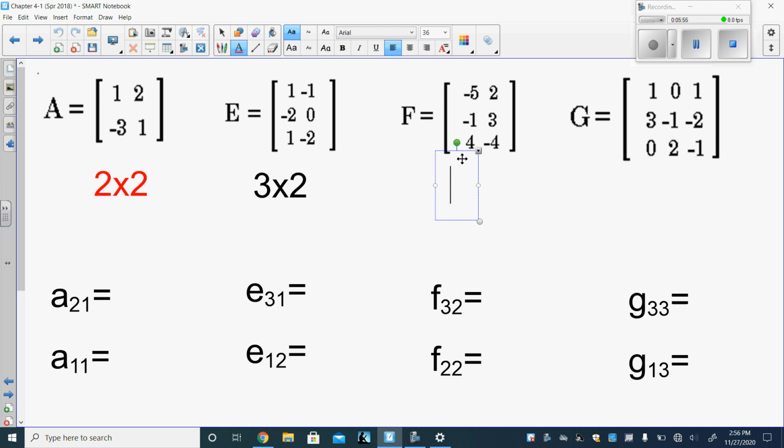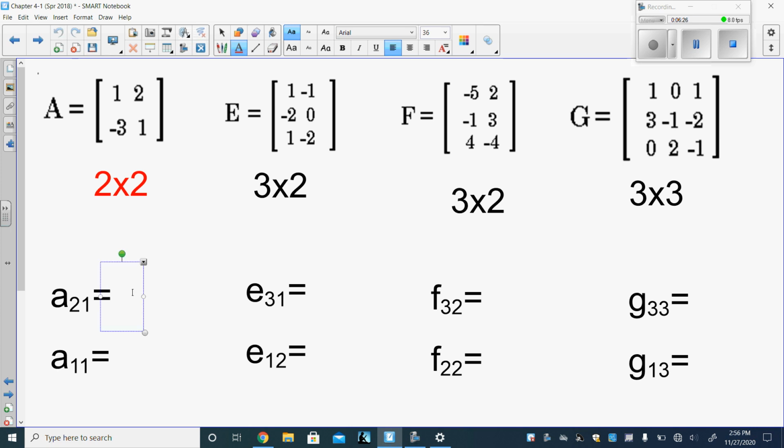Matrix F is about the same as E, because they both have 3 rows and 2 columns, so they would both be 3 by 2s. And lastly, we have G, which has 3 rows and 3 columns. So we'd call it a 3 by 3, and more specifically, we would call it a square matrix. Matrix A and matrix G would both be square matrices.